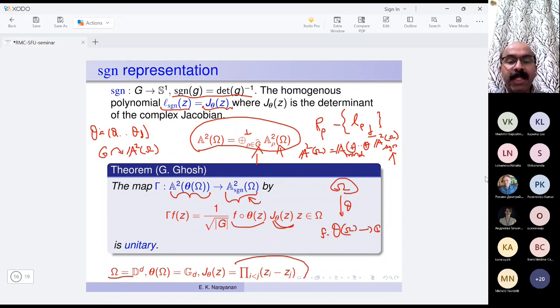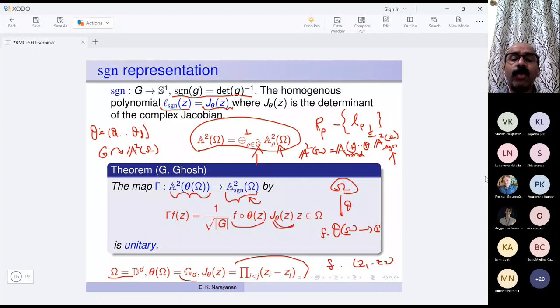So you take any function in the symmetrized polydisk, multiply by J theta, and pull back the function to omega, you will get something which transforms according to the sign representation, right? In the simplest case of the symmetrized bidisk, you will be looking at f times z1 minus z2.